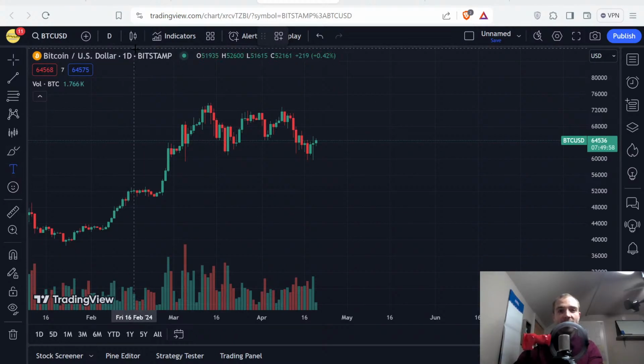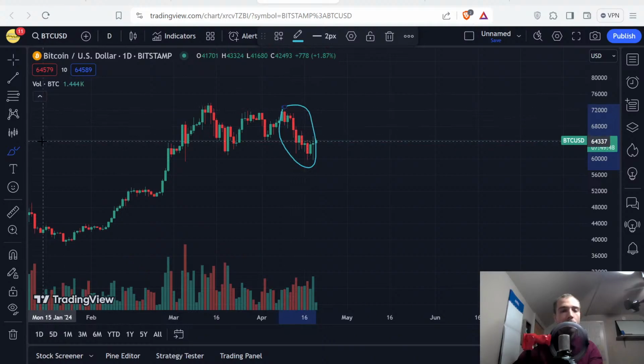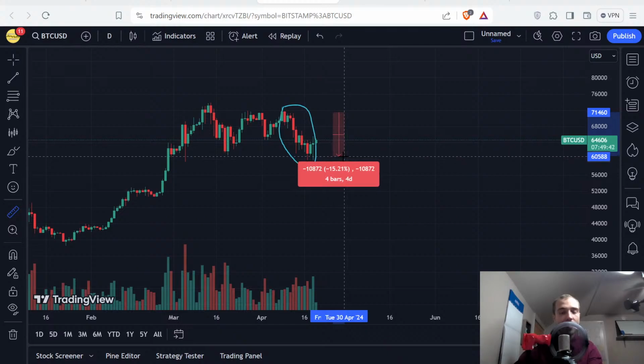Bitcoin looks good. What blows my mind is so many people get bearish just because of emotion, right? This move right here, the price barely even fell, right? This is a 15% drop, okay?